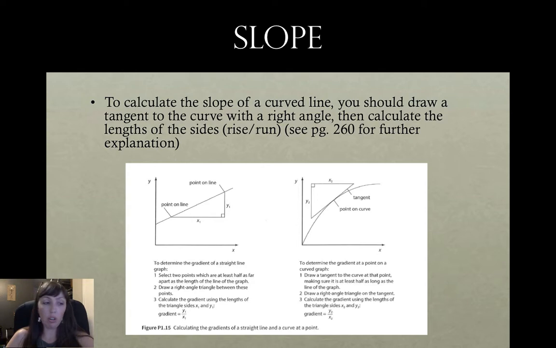However, you'll be familiar with this if you've had calculus, when you are measuring the slope of a curved line, you have to draw a tangent to the curve, and you need to draw a right angle on the tangent, and then you calculate the gradient using the lengths of the triangle sides x and y. And again, you're going to set up your problem as rise over run, just like you would on a straight line. Okay, but you need to draw that tangent. So I wanted to throw that out there in case you weren't familiar with that.